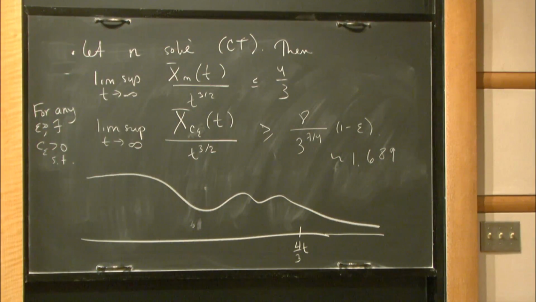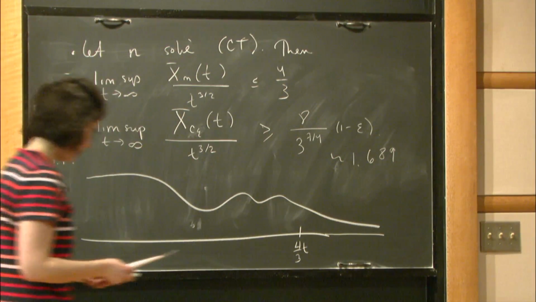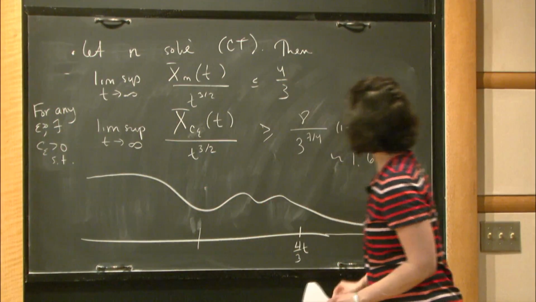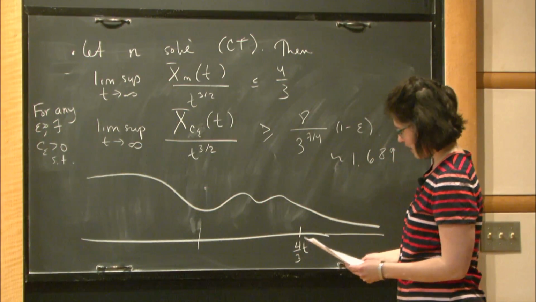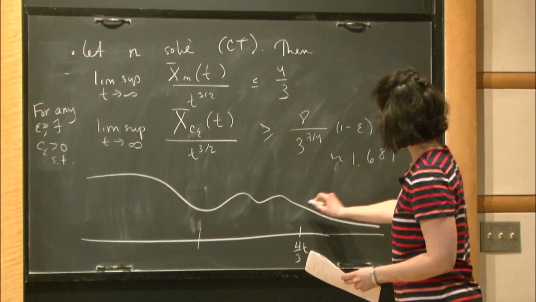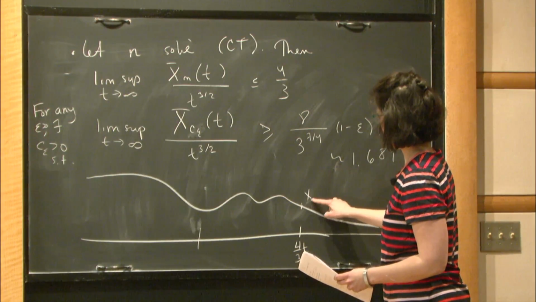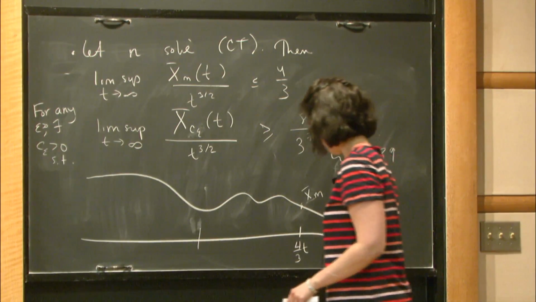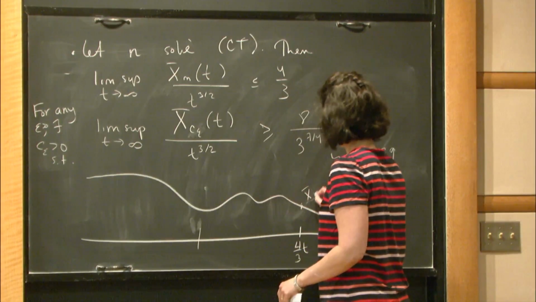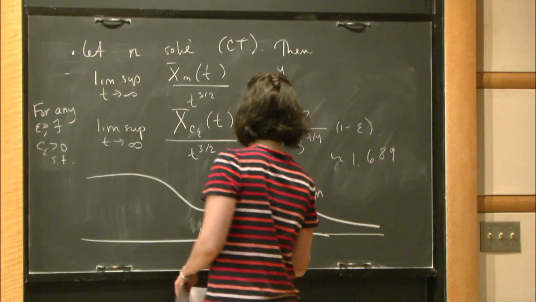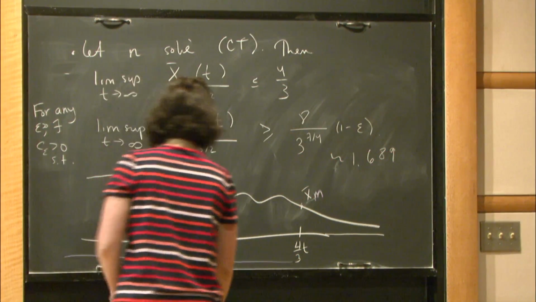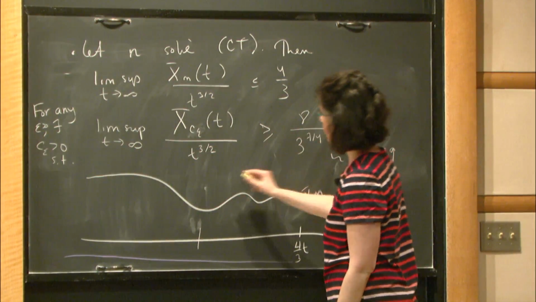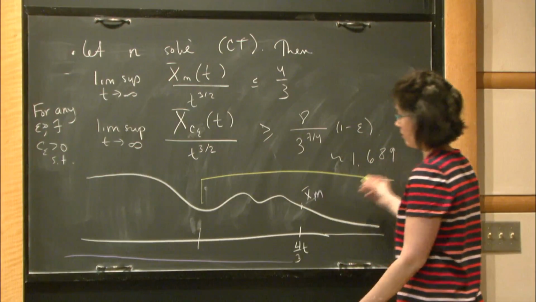Now I can't add. Okay, I'll just believe what I'm saying. So what they're saying is that x_m is located somewhere over here, but to get a lower bound, they can only put it somewhere in this region.